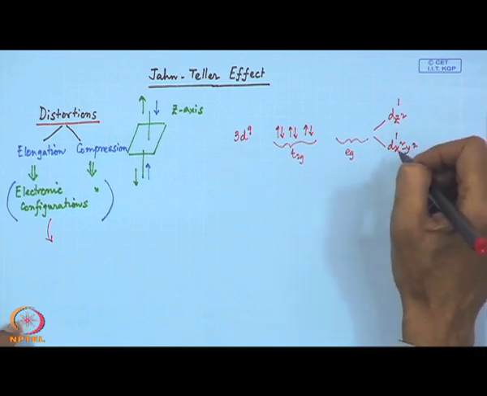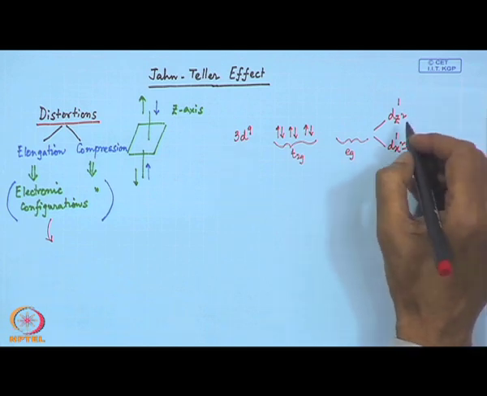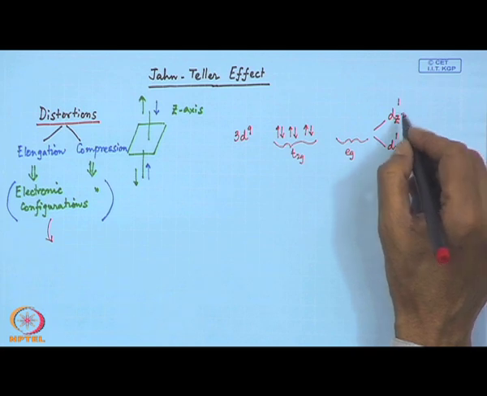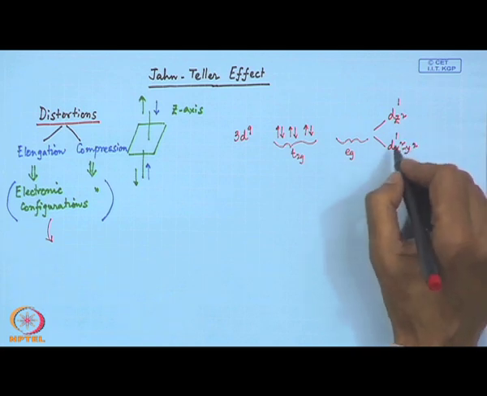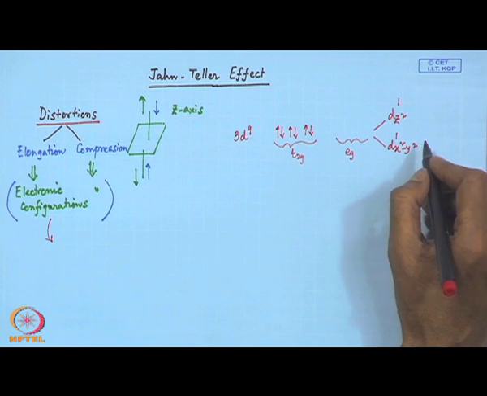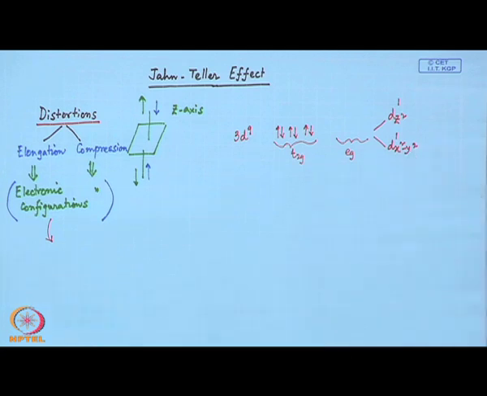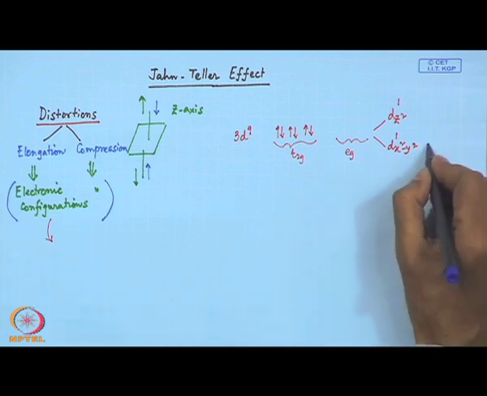So, these are the two situations where the z component is stabilized, basically z is the lower energy. So, dx square minus y square is the higher energy, and this configuration would be for the z out situation.